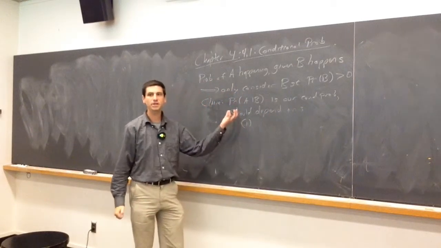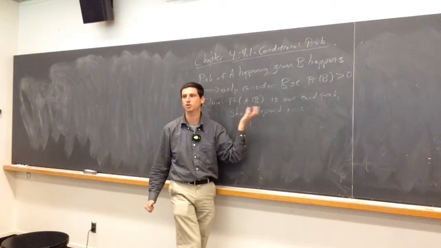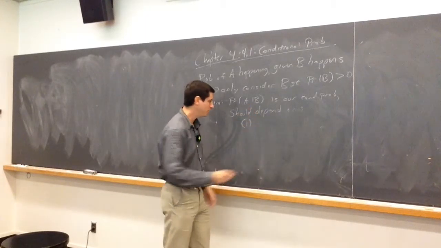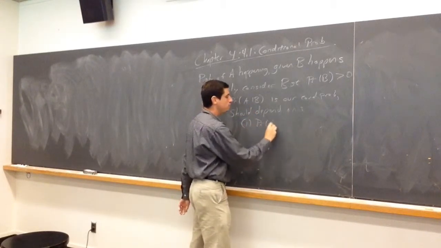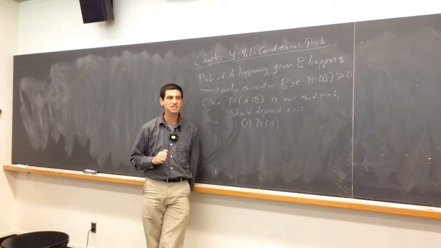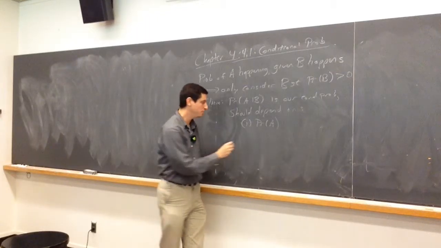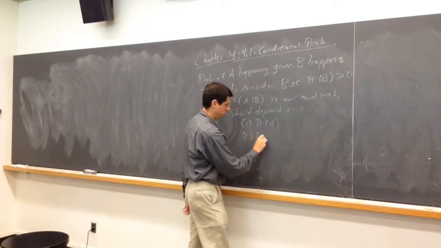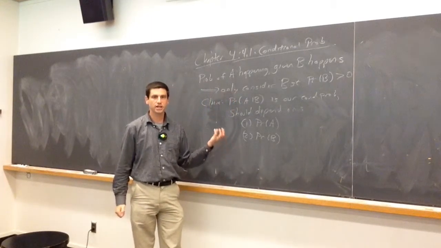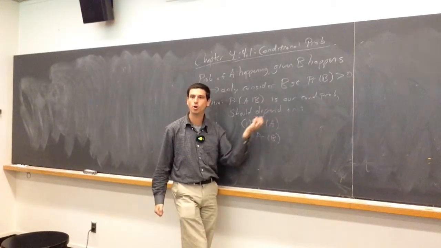Can somebody give me some information that the probability of A given B should depend on? Probability of A. It seems reasonable that the probability of A should come into play. Anything else that should come into play? Probability of B.